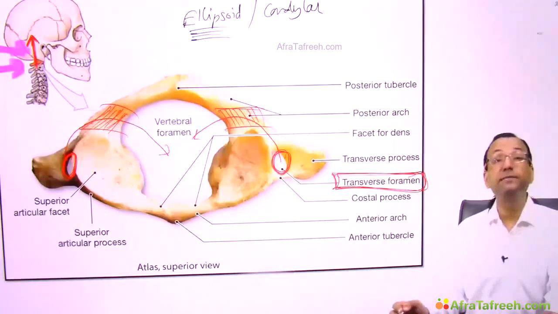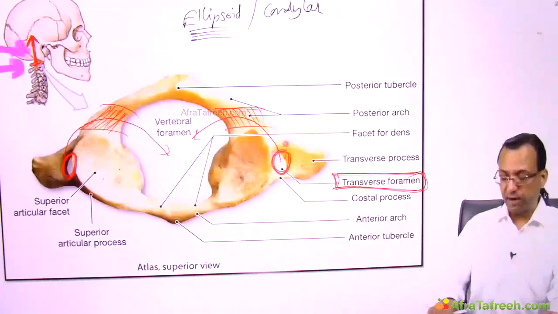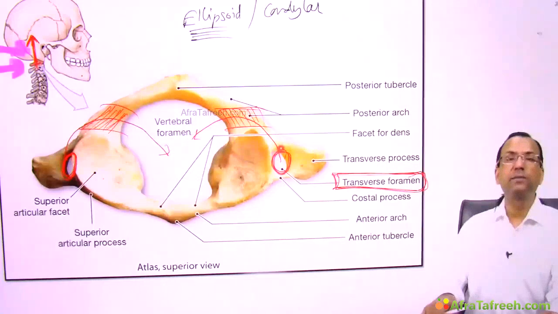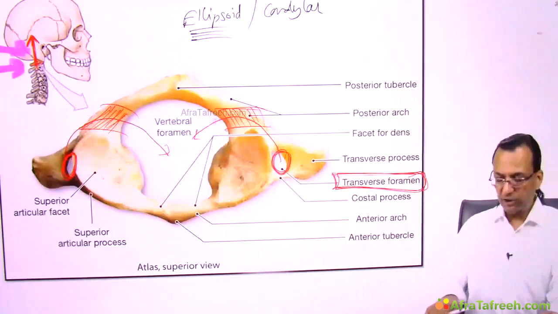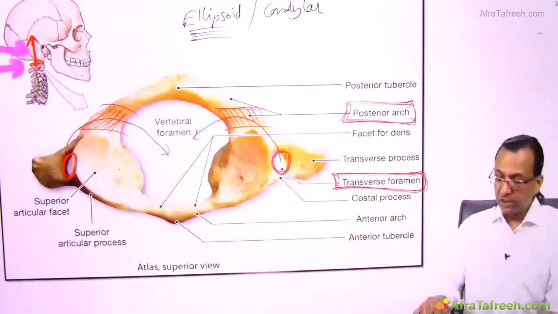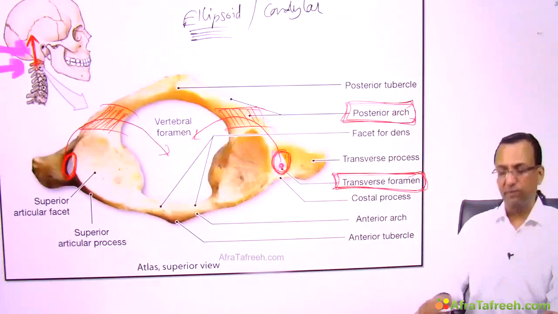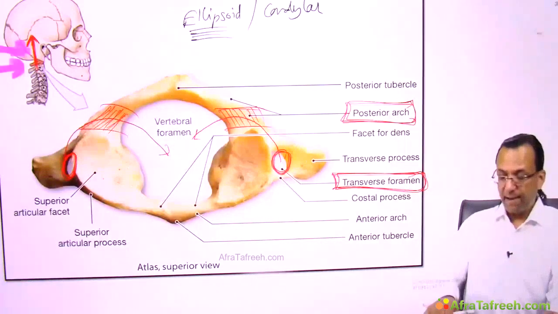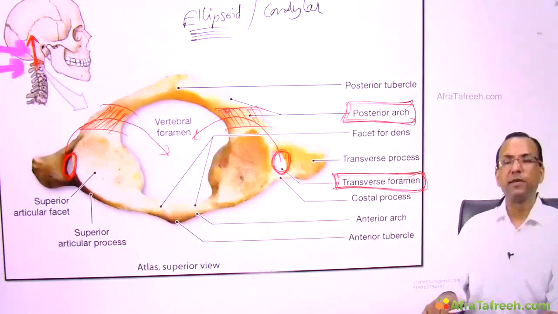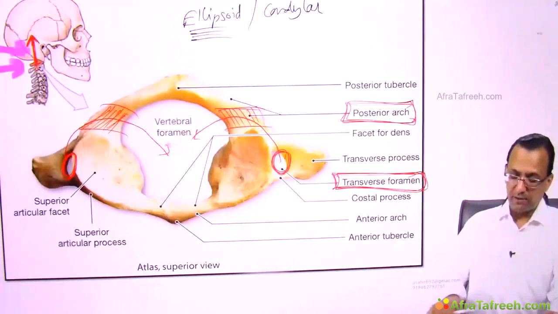So the vertebral artery comes from the foramen transversarium, arching over the superior surface of the posterior arch of the atlas. It passes the upper 6 foramina transversaria, including C1, and then arches over the posterior arch of the atlas superiorly to enter the foramen magnum and the cranial cavity.